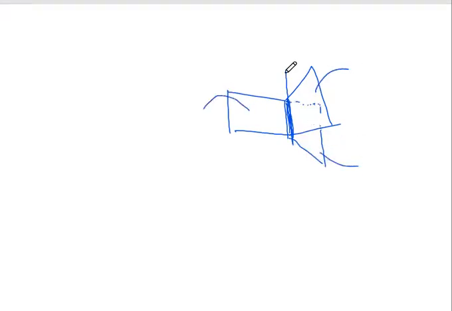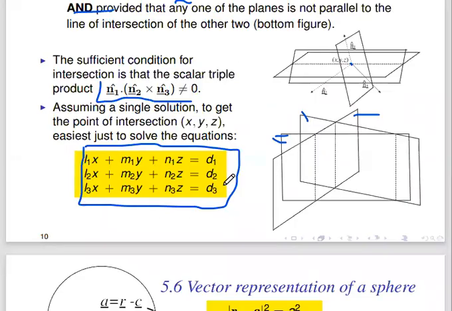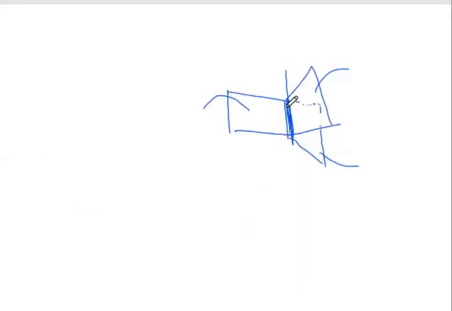So the line of intersection is common to alpha, beta, gamma. For this system, there are infinitely many solutions, because you could find infinitely many points that are common to all three planes.